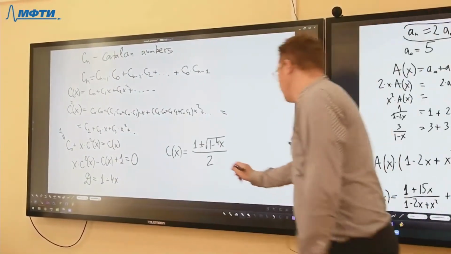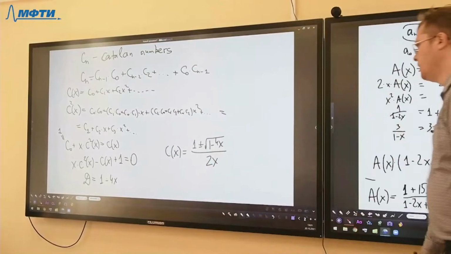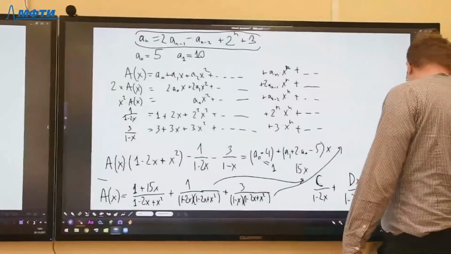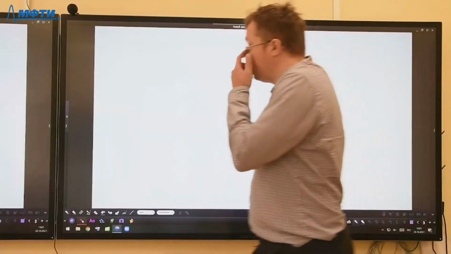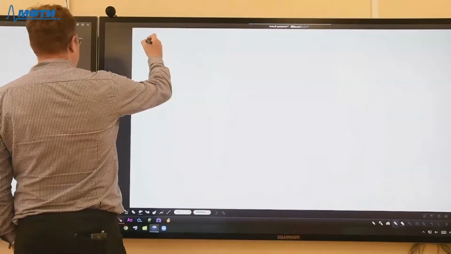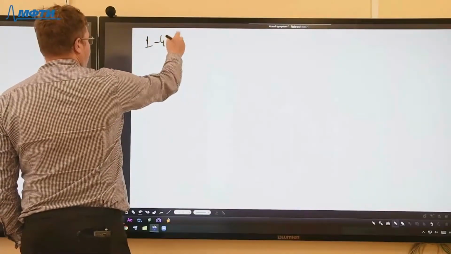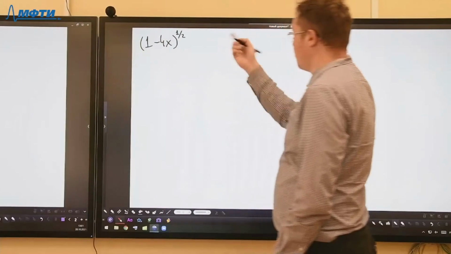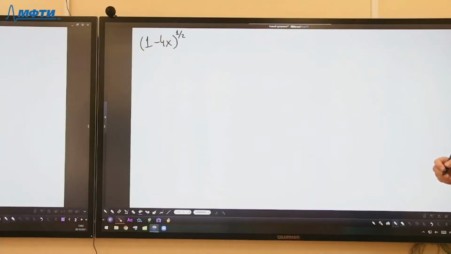So I need to somehow find 1 minus 4x to the power of one half, the square root of this. So the power will be just 0.5, 1 over 2.